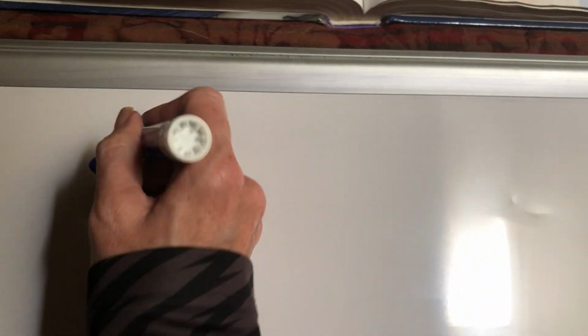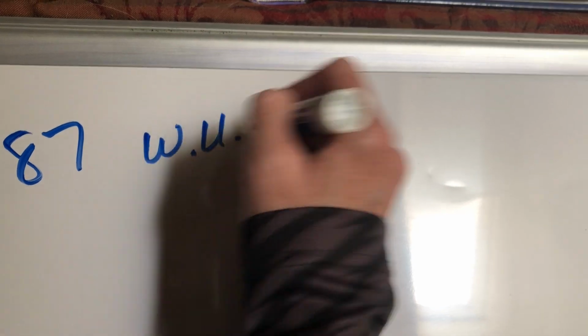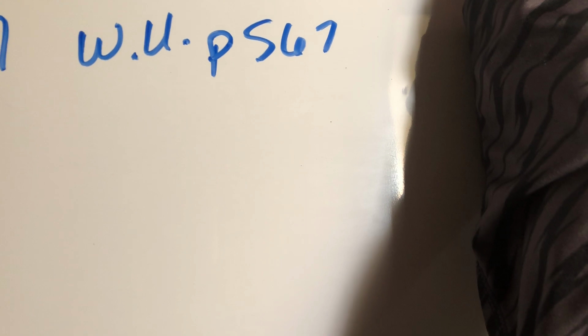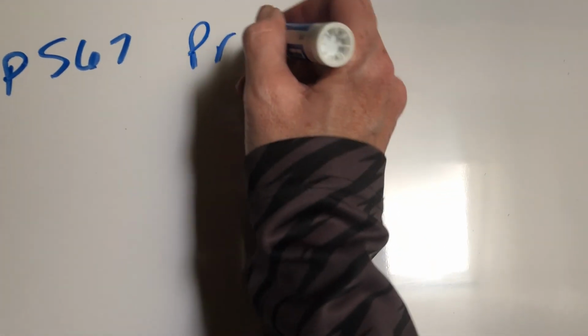Okay, so now your lesson for 87 is going to be the warm-up on page 567. Then you're going to do the practice.